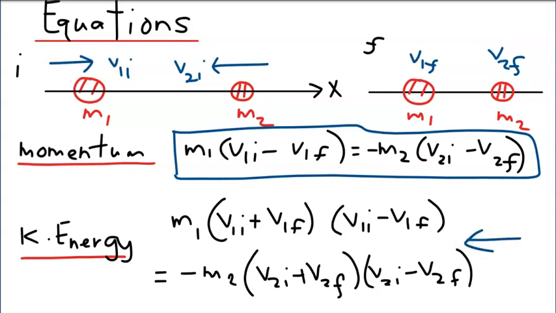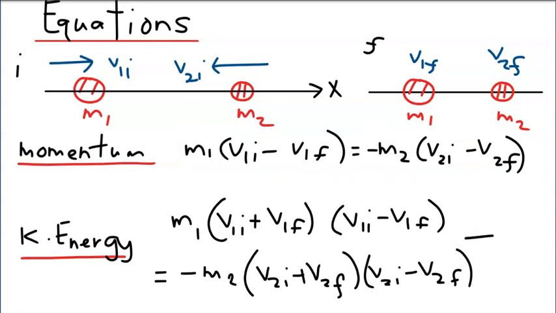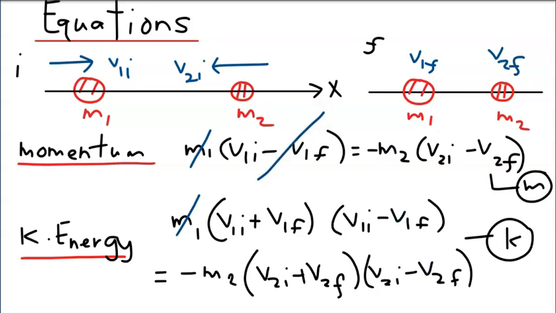Now note, if I take the kinetic energy equation divided by the momentum equation, we will immediately see certain terms will just go away, such as m1. The difference in the velocities of object 1 before and after collision will also go away.